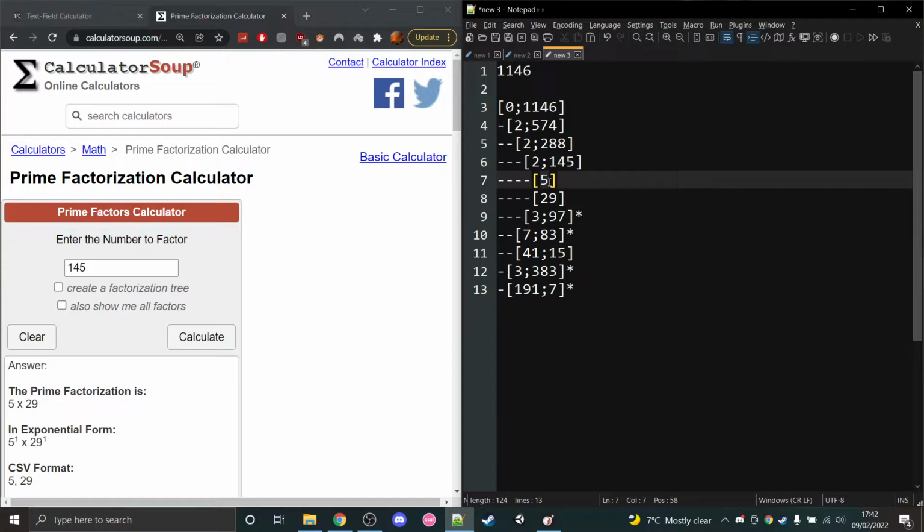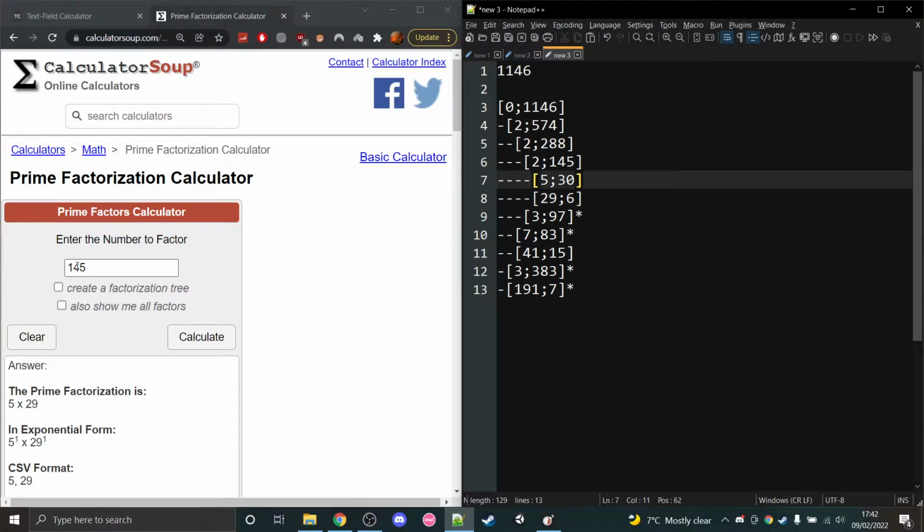So 145 under the prime factor of 5 would make its other prime factor 29, because 145 divided by 5 is 29, plus 1 is 30. And the same goes with this. 145 divided by 29 is 5, plus 1 to that is 6.